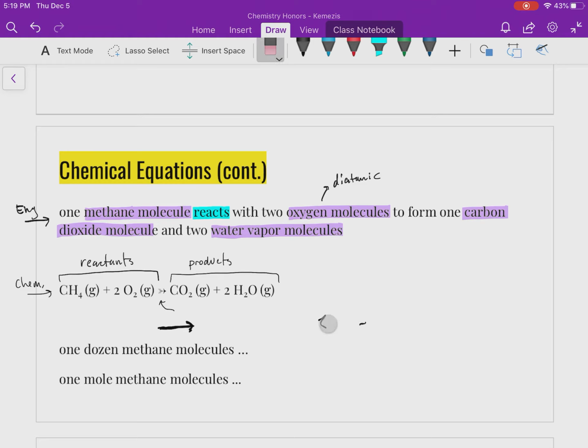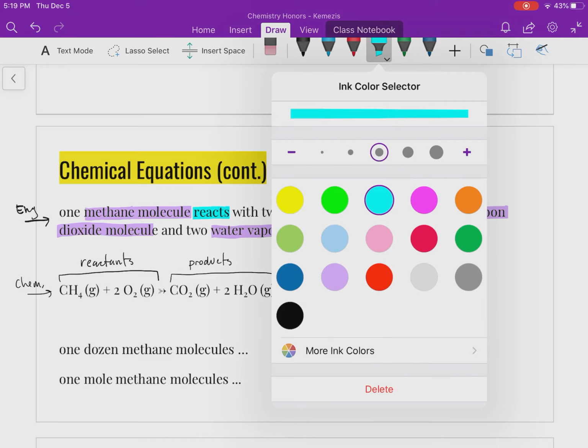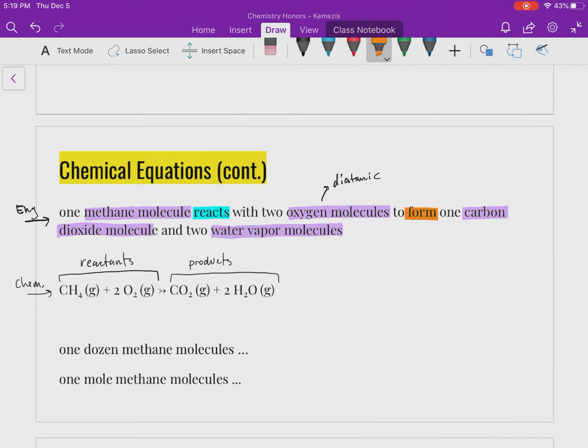That is not a reaction arrow. So the arrows have meaning here in chemistry. And then also in our words, how do we know when we're going from reactant to product? We use some type of word that says, and we formed, and we made, or we produced, something that is letting you know that these are changing into the new substances.